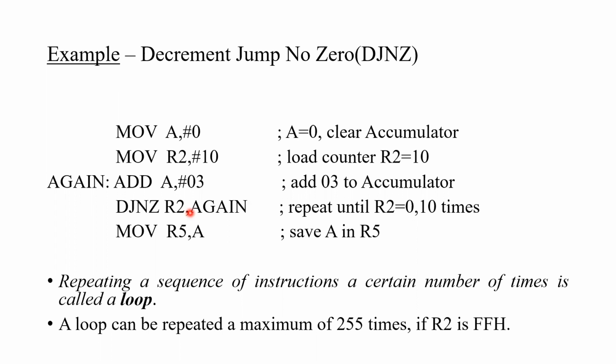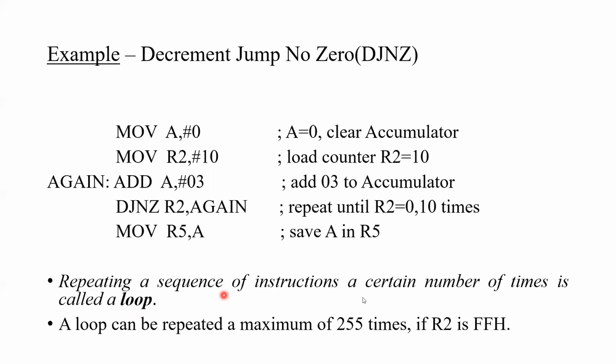When we decrement and the R2 value is equal to 0, it will come out of this loop and execute the next instruction, MOV R5, A. After adding 03 ten times to the accumulator, whatever value is in the accumulator will be moved to the R5 register. Now we understand what a loop is. Repeating a sequence of instructions a certain number of times is called a loop.